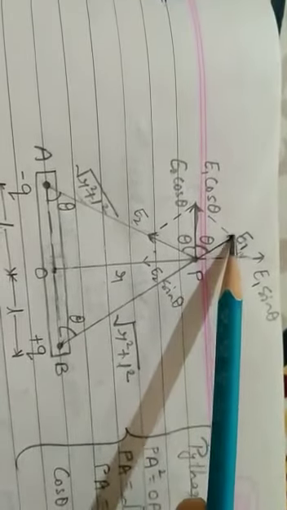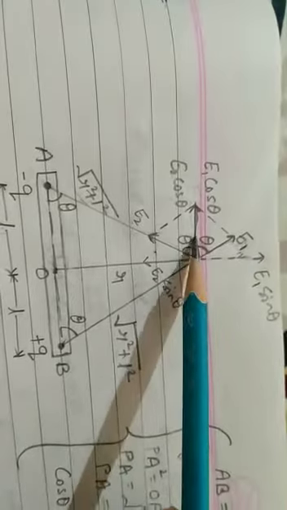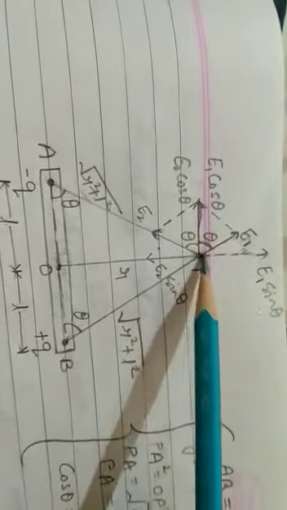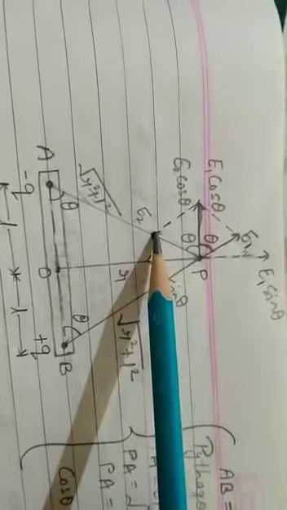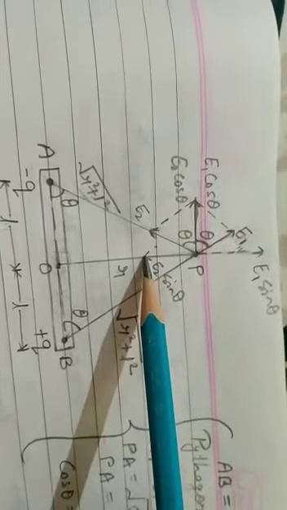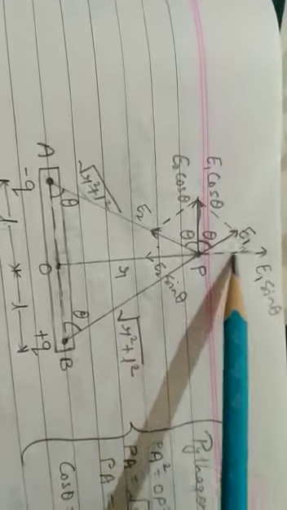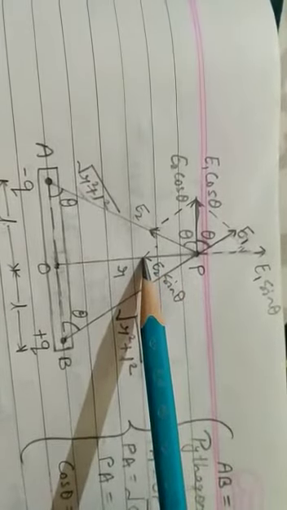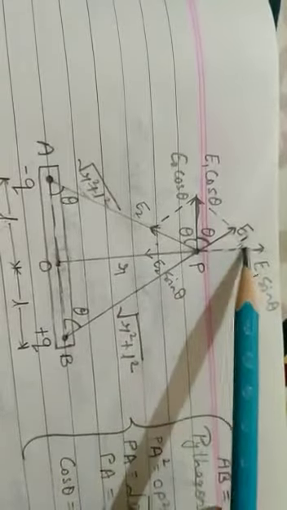So when we split it, this is the direction of E1 cos theta, this is the direction of E1 sin theta. When we split E2, this is the direction of E2 cos theta and this is the direction of E2 sin theta. So here you can see E1 sin theta and E2 sin theta, they both are equal and opposite. They are going in opposite direction, so they both will cancel each other.